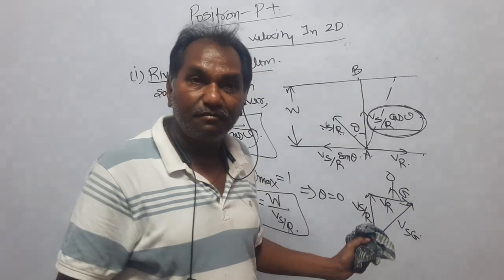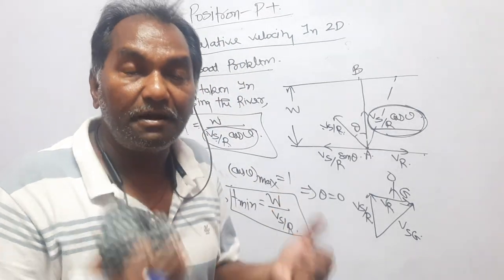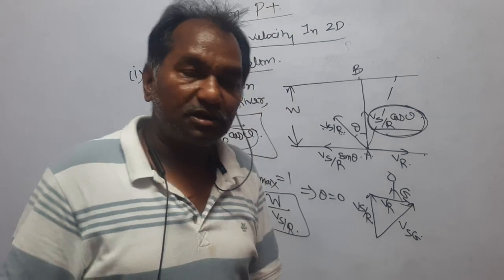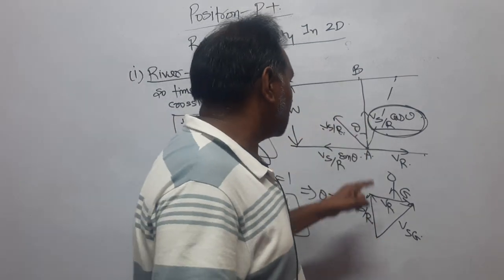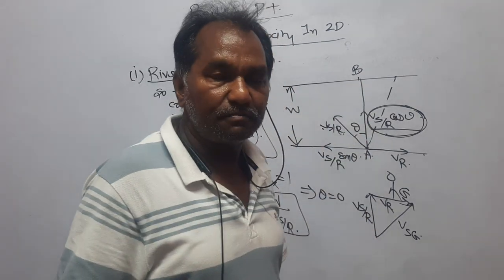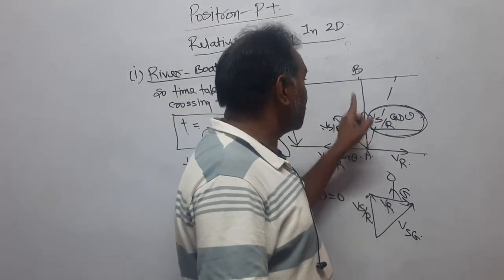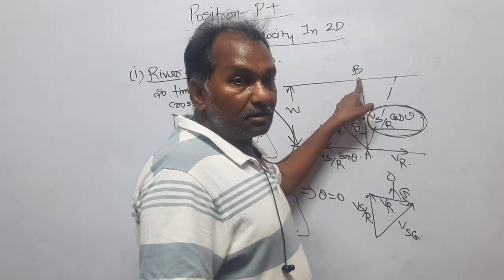This is the case when time taken is the minimum. Time taken would be minimum when the swimmer begins to sail in the vertical direction from A to B, in the straight direction. Yet the swimmer will not reach here, right?